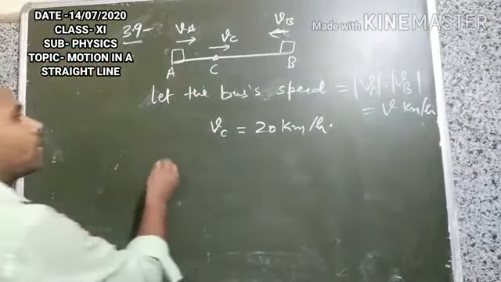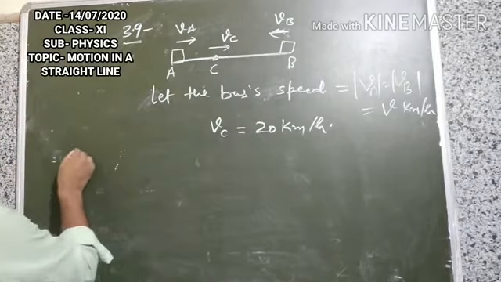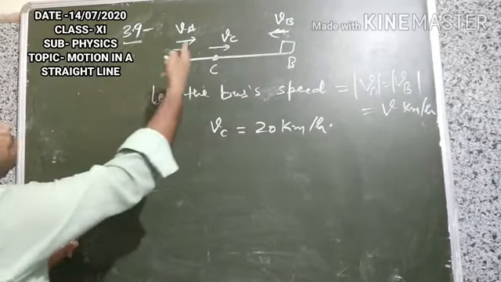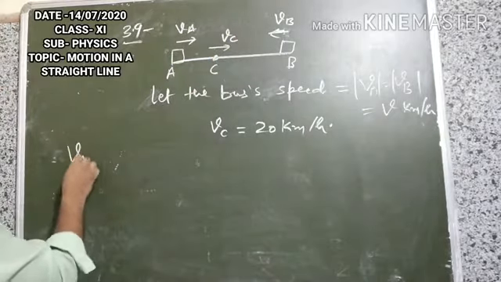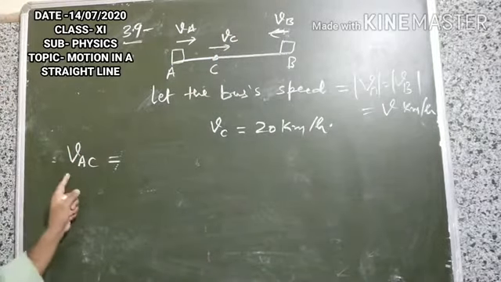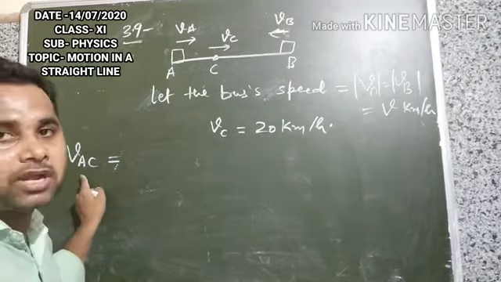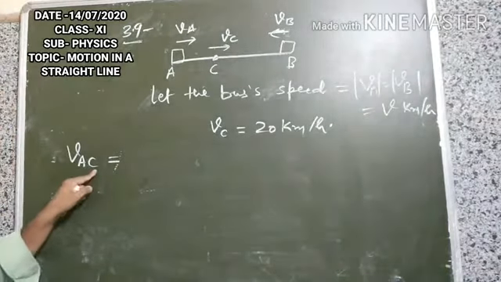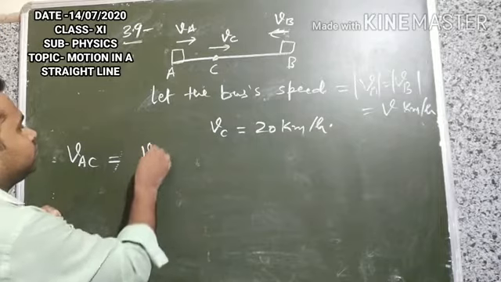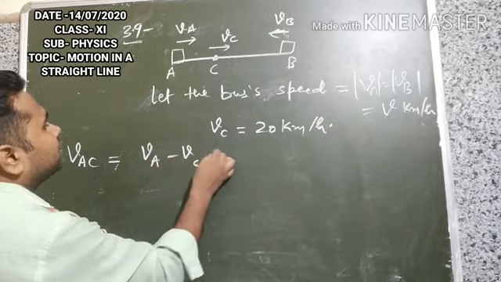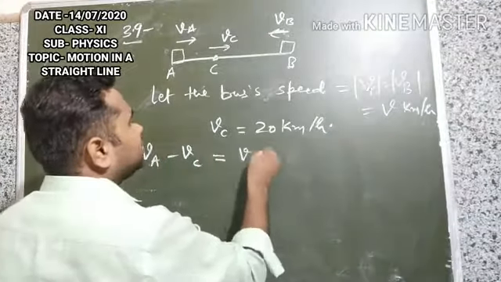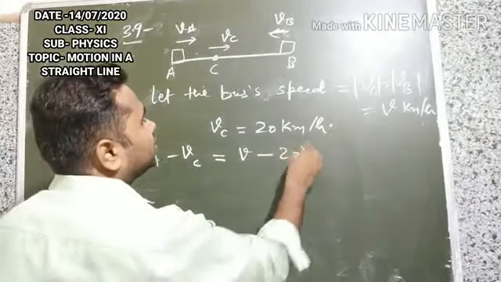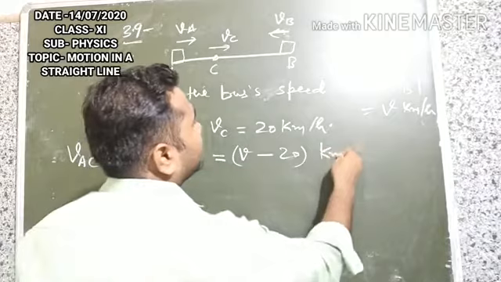So here, the relative velocity of bus A with respect to C, VAC, the relative velocity of the bus that starts from town A with respect to cyclist C, equals, you know that, VA minus VC. VA, suppose we have considered it is V, minus VC is 20. So V minus 20 km per hour.